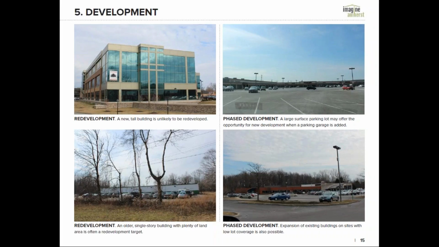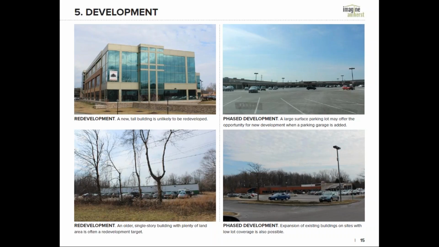This is not a site that needs new zoning immediately. Whereas the lower left-hand corner is an older building. It's single story. There is plenty of land area, and this is a likely redevelopment target provided there is enough access to the site and there is substantial adjacent traffic. So looking for the opportunities for redevelopment is something that you can help us think about as well.